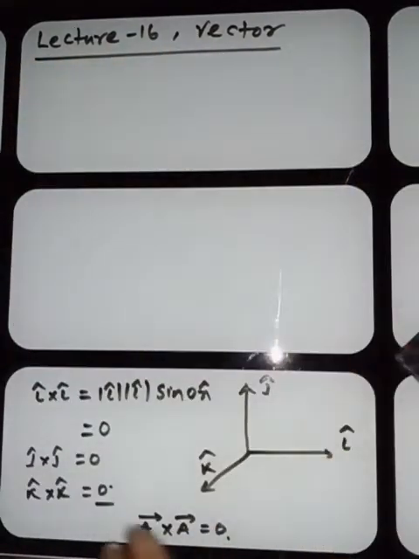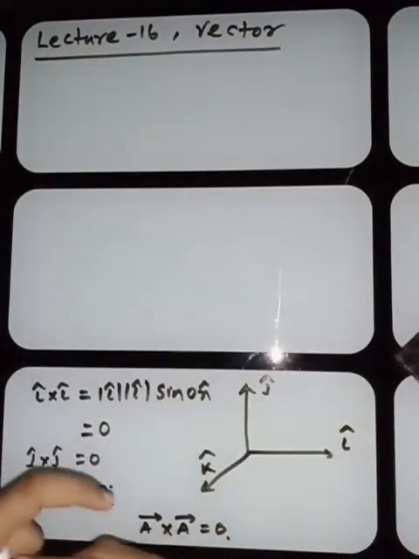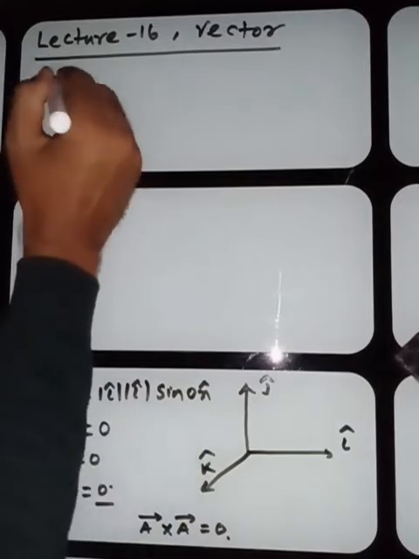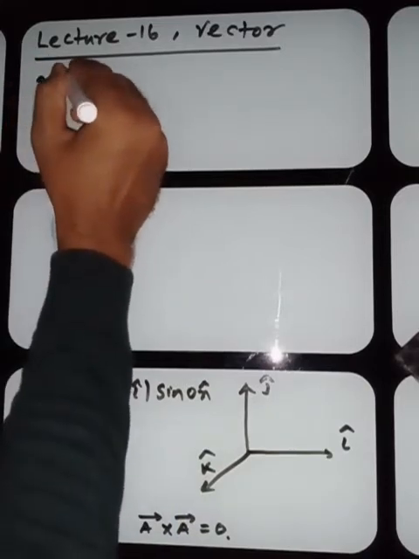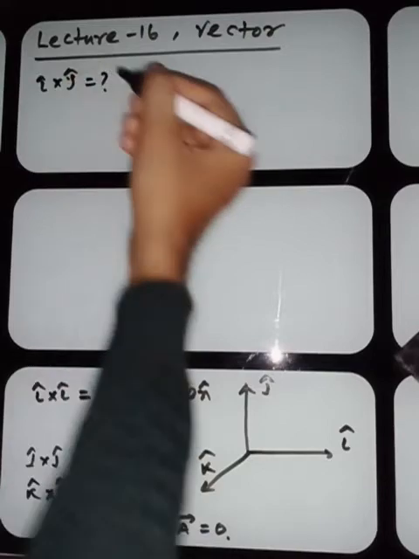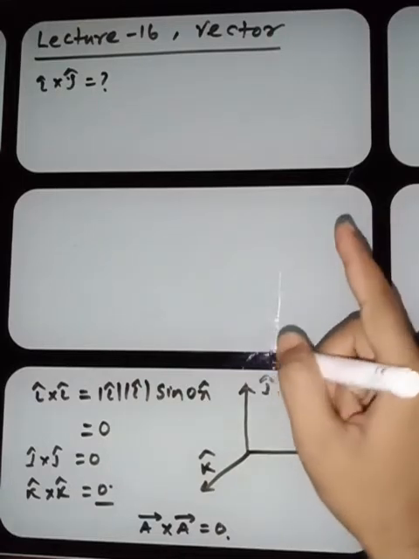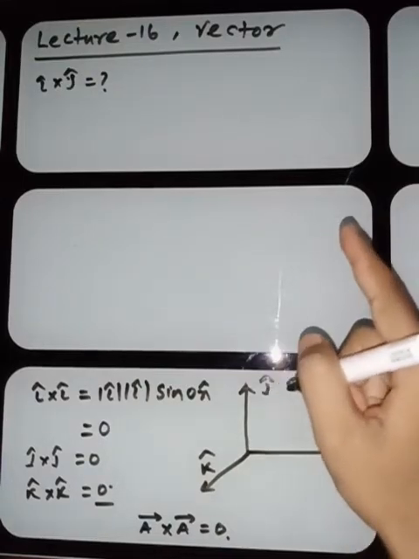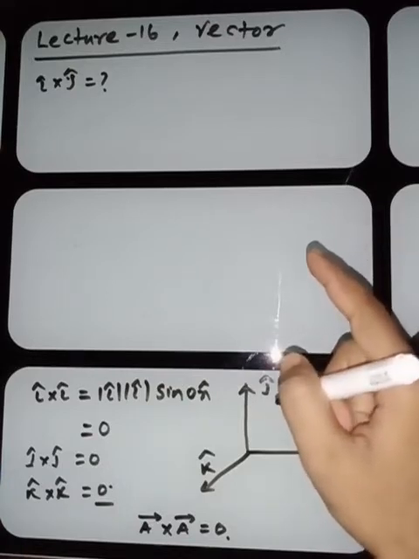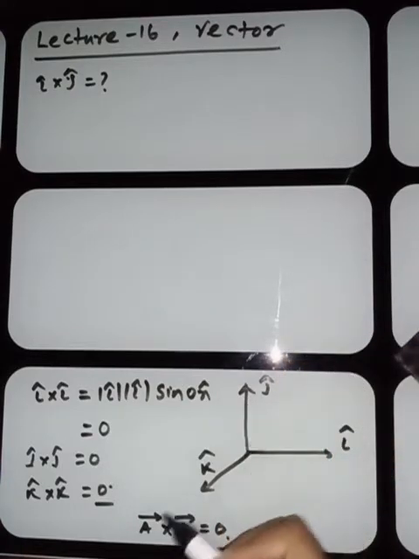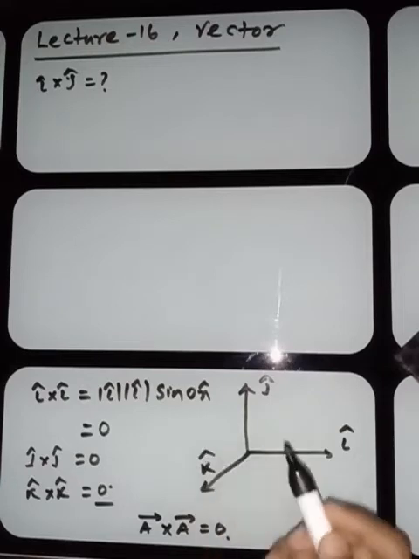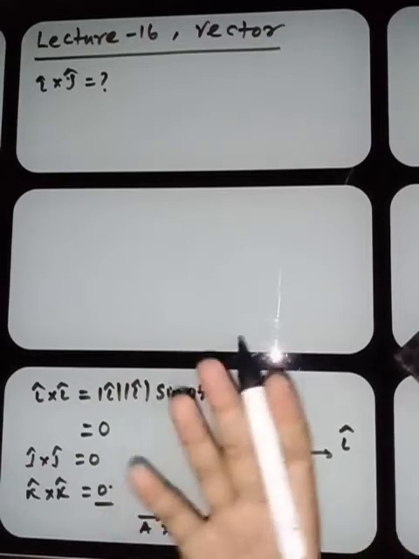Now i cross j. What will be the answer, my dear students? Remember, in the last lecture I gave you how to find cross products of vectors a, b and c, and you did very well using the right hand rule.